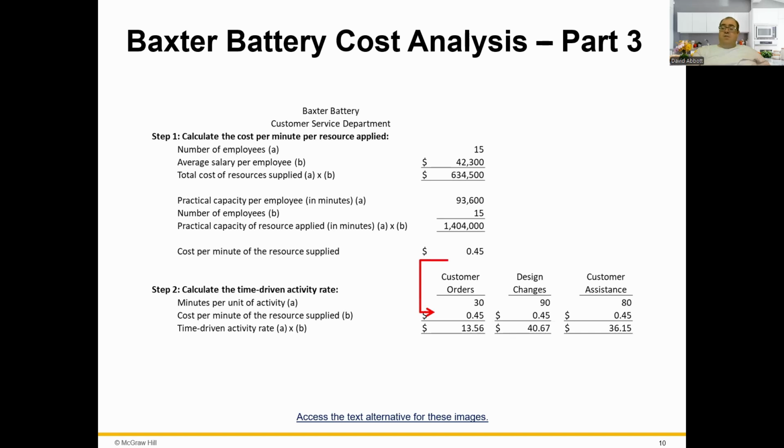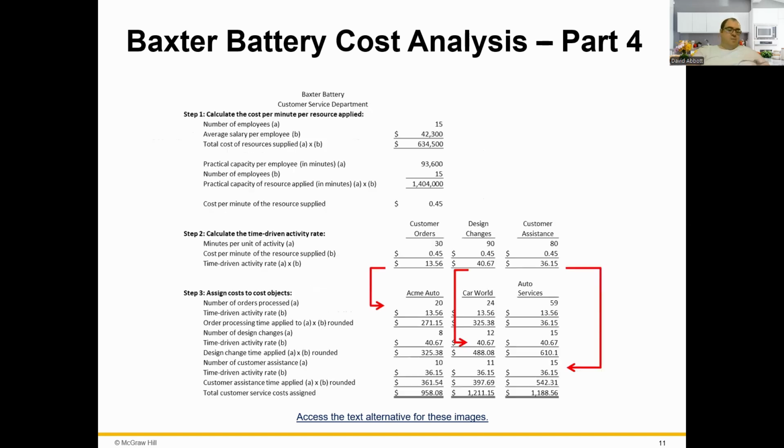For example, for customer orders, we would take 30 times 45 cents, which gets us $13.56 for each customer order, $40.67 for each design change, and $36.16 for each customer assistance.